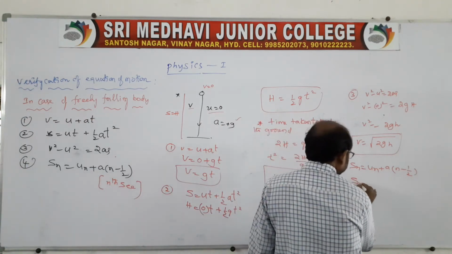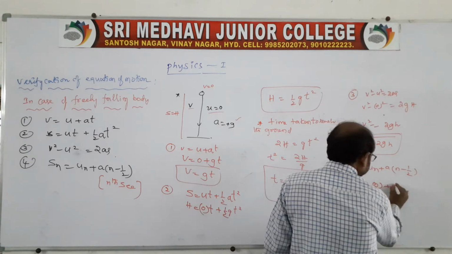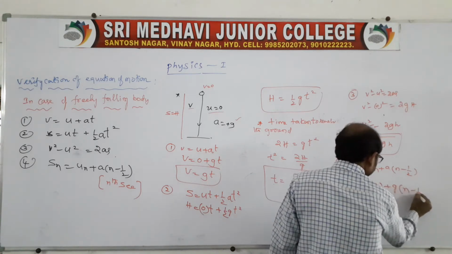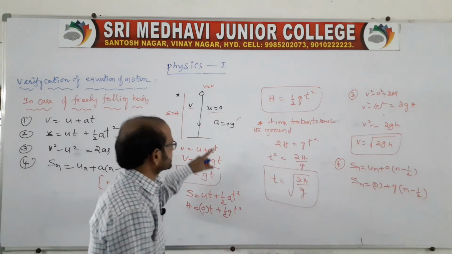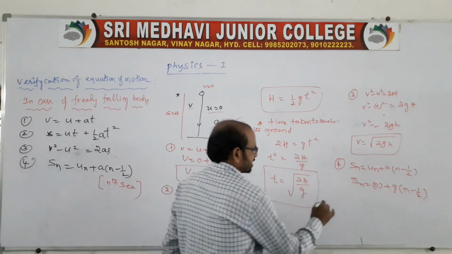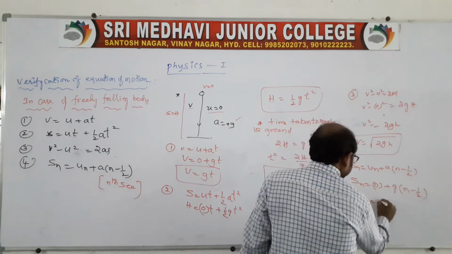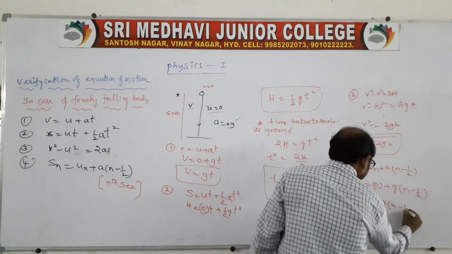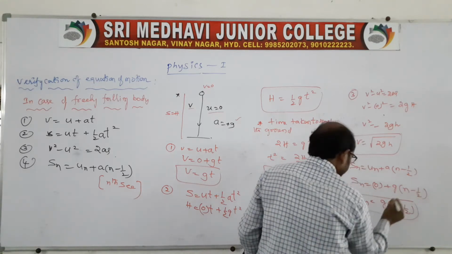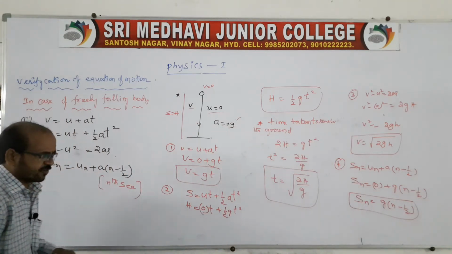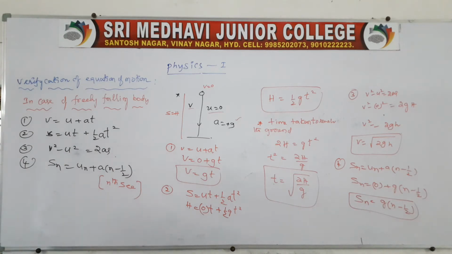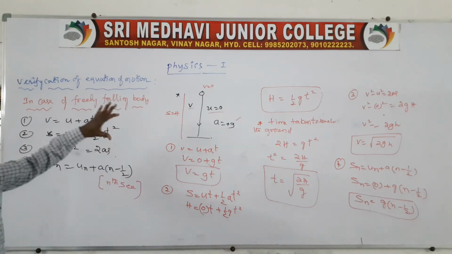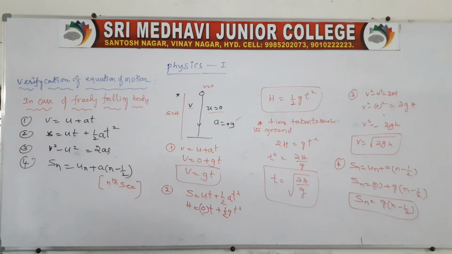So in this, Sn is equal to 0 plus g into n minus 1 by 2, because u is given as 0, freely falling. So Sn is equal to g into n minus 1 by 2. This is the distance fallen in the nth second. So, this is the verification in case of a freely falling body.